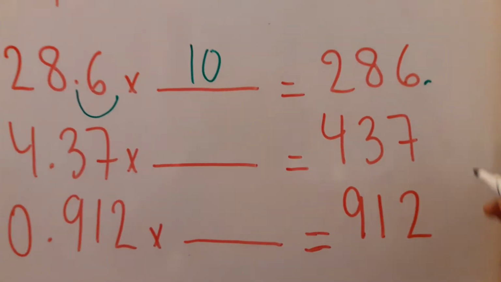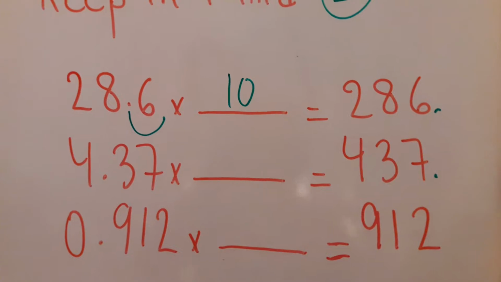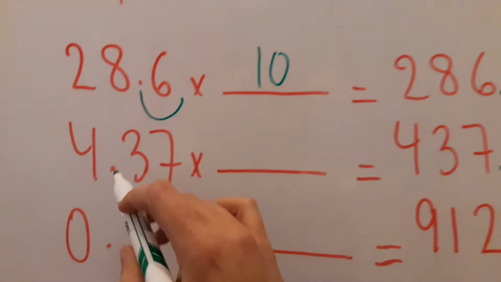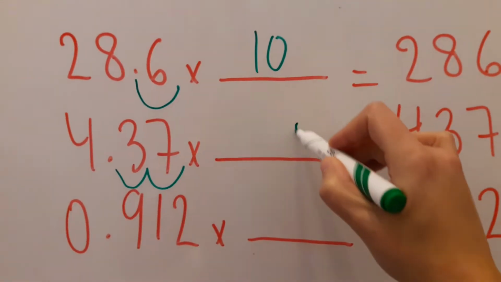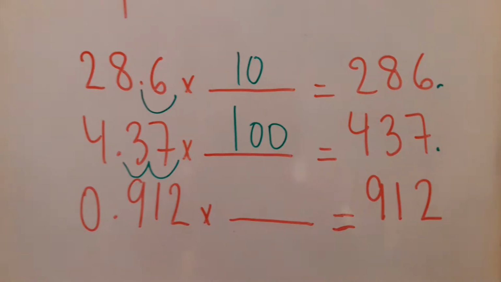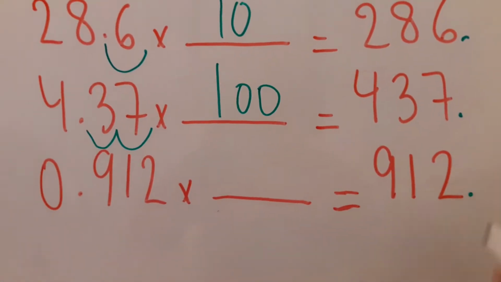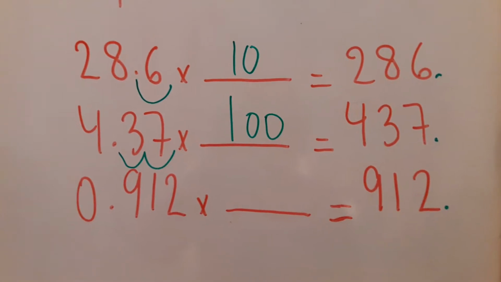Again, there is a decimal point that I cannot see over here. And how many places did the decimal point move? 1, 2. 2 places, it means 2 zeros. So this is by 100. Again, over here there's a decimal point that I cannot see. And how many places did the decimal point move?